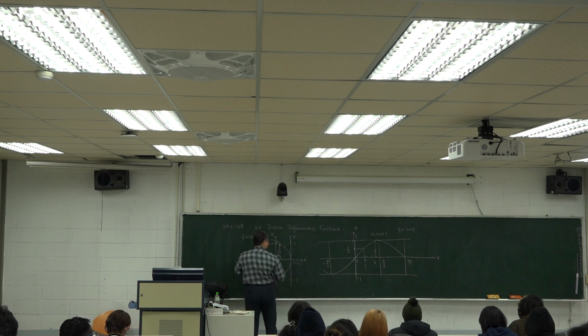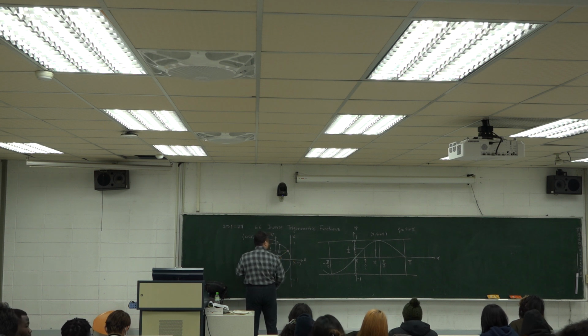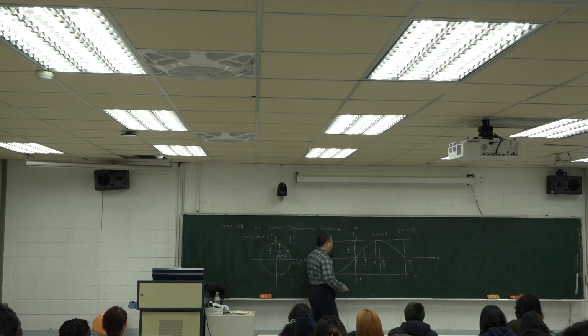We consider this position, and this arc corresponds to this angle. Sine of this arc equals 1/2. In fact, this is pi over 6.